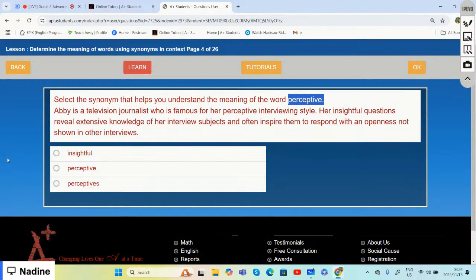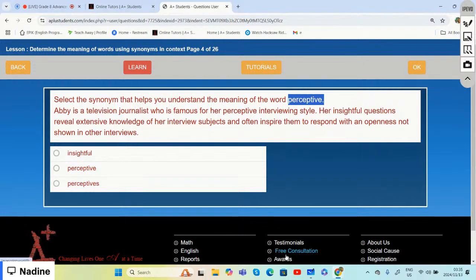If we were to select the synonym of the word perceptive, it would be insightful.